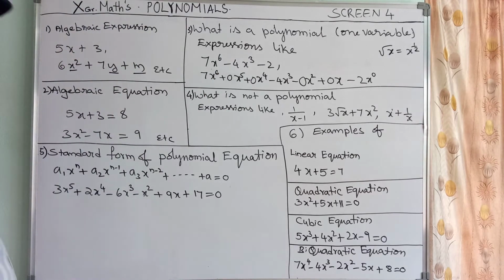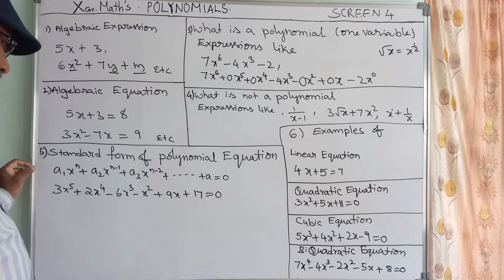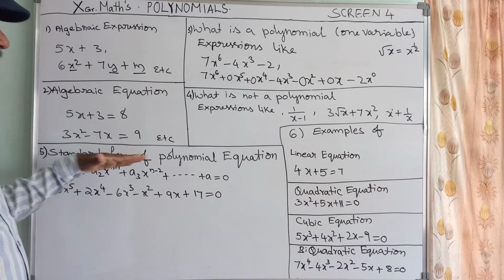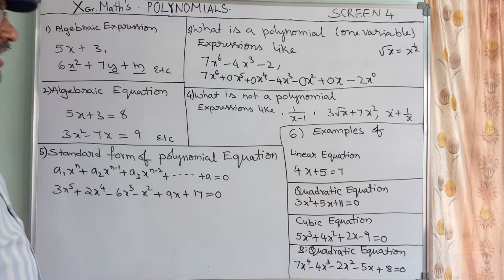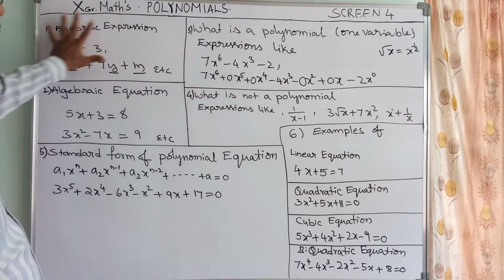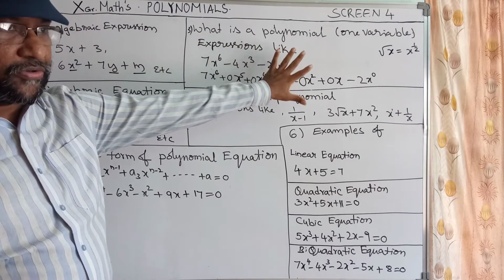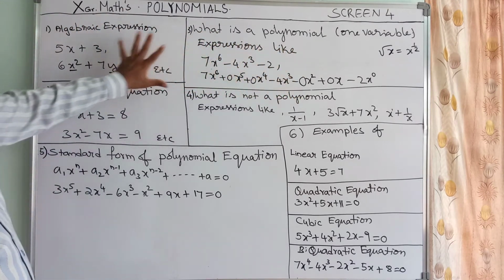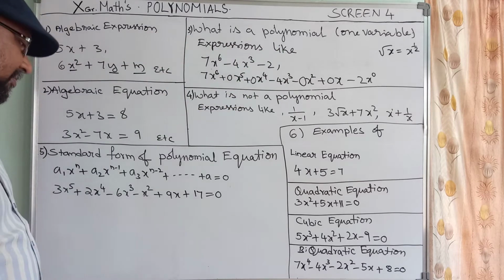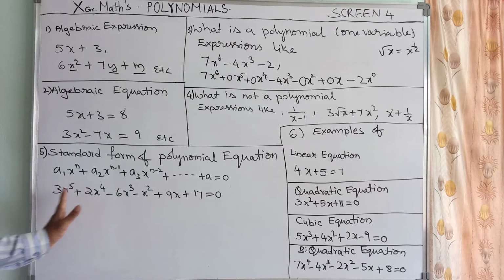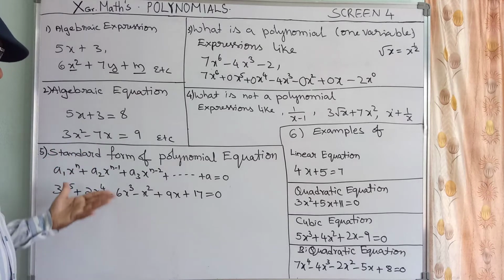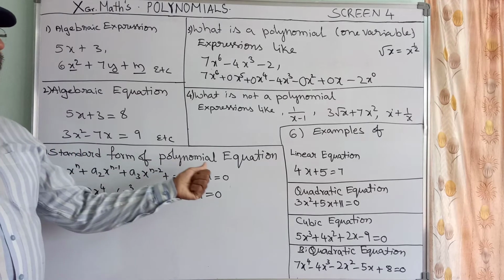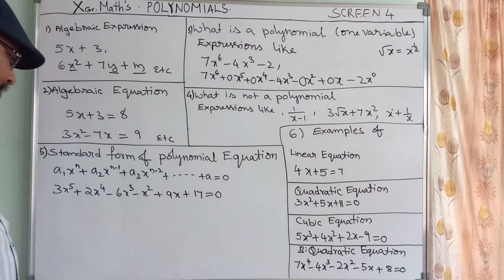Now let us see the fifth point, the standard form of polynomial equation. Till now we have discussed polynomial expressions only. Algebraic expressions, of course, polynomial expressions. But now we are going to learn about the standard form of polynomial equation.